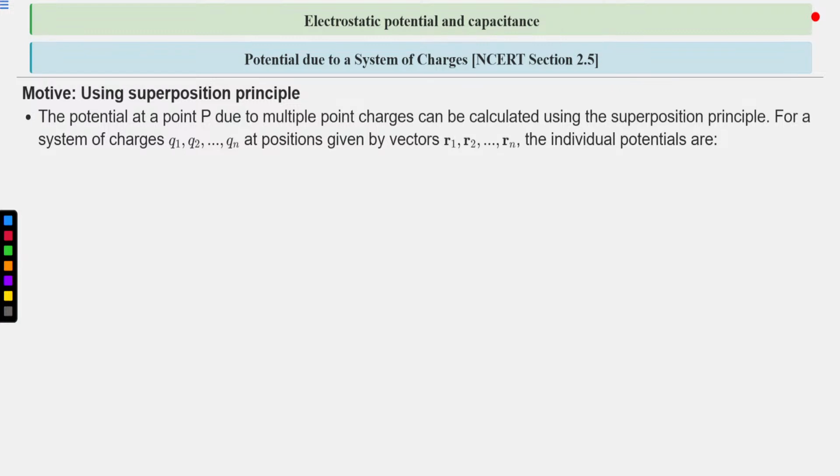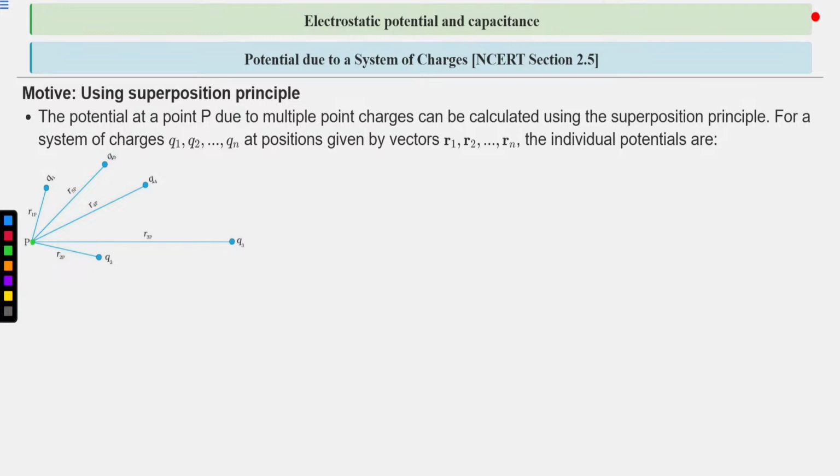Potential at point P due to multiple point charges can be calculated using the superposition principle for a system of charges Q1, Q2, Qn at positions given by vectors R1, R2. This is the diagram. If there are multiple charges present, Q1, Q2, Q3, Q4, Q5, the distances of these charges from point P, where we have to find the net potential, are R1P, R2P, R3P, R4P, and R5P.